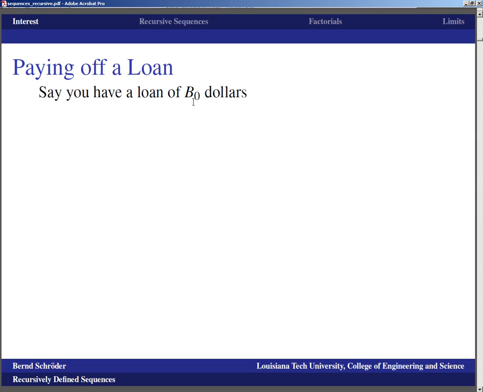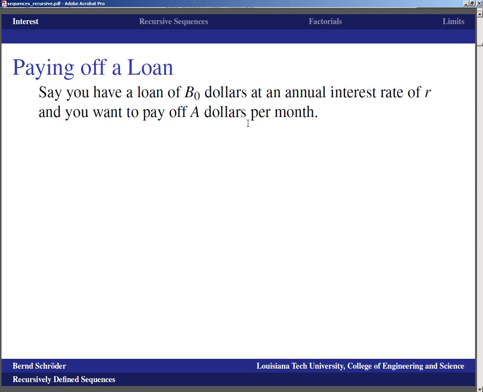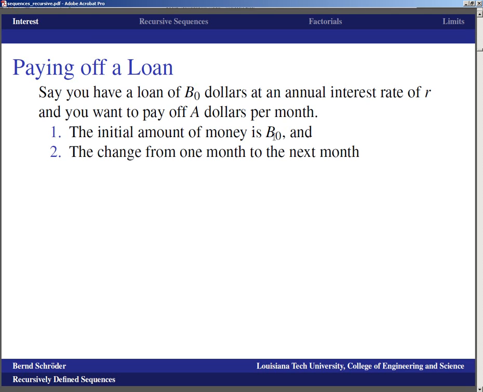And so if you have a loan of B0 at an annual interest rate of R again, and you want to pay off $8 per month, well then the initial amount of money that you have to pay off is B0, and the change from one month to the next month is given by that next month's balance in the account being the previous month's balance, except that the prorated interest has been added on, and your payment has been subtracted.